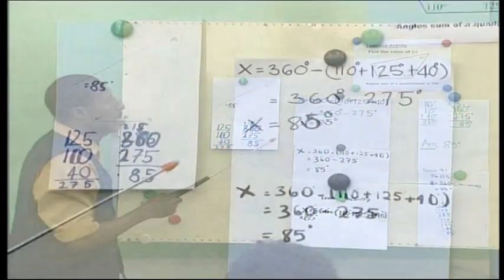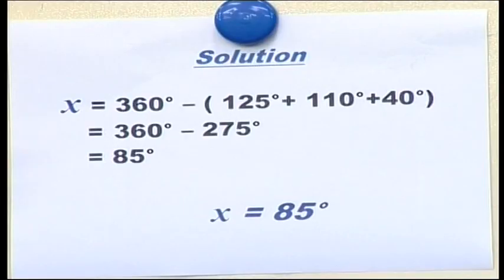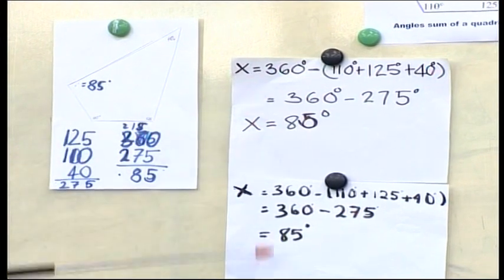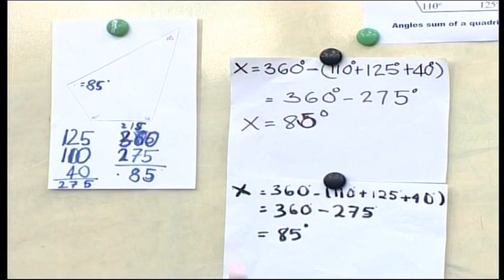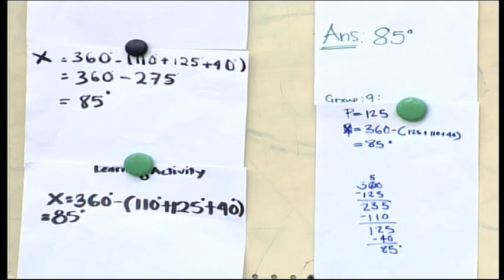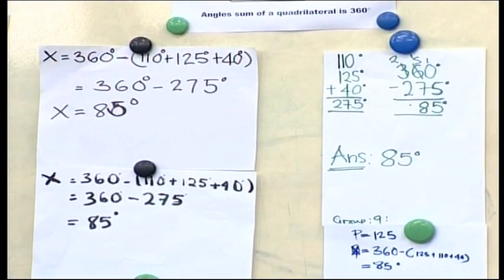Which group has done a similar method or followed the similar steps that I have shown here? Now you can see from these three papers, the group members have followed the same example like mine. Now receiving students and 7Es, your steps and method is also very important when you are working out the answer.